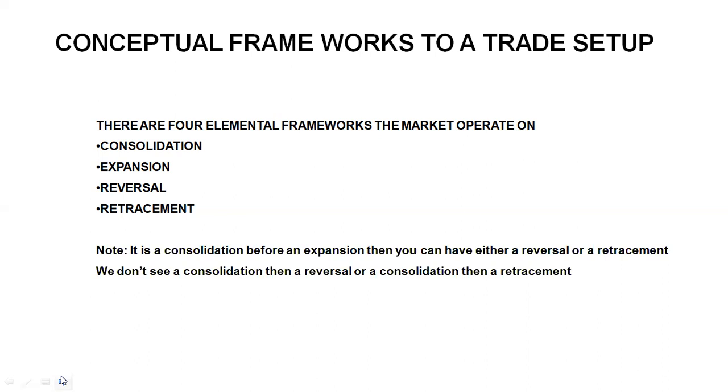You must see a consolidation before an expansion, and then after the expansion, you can now have your reversal or your retracement. It's like a kind of chain. You can't see consolidation and then a retracement, or a consolidation and then a reversal, right? As we talk more, you will understand what I just explained.